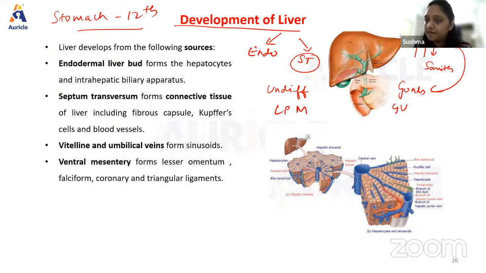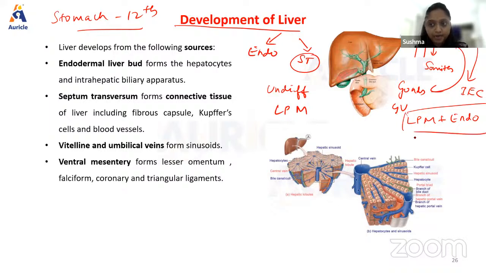After that, we have lateral plate mesoderm, which again got divided into two parts: splanchnic and parietal. Because of the formation of the intraembryonic coelom, the splanchnic, which is the inner part of the lateral plate mesoderm, along with endoderm, gave rise to the lining of the gut. If you remember, this is what we had discussed. That is what we are discussing here also now.